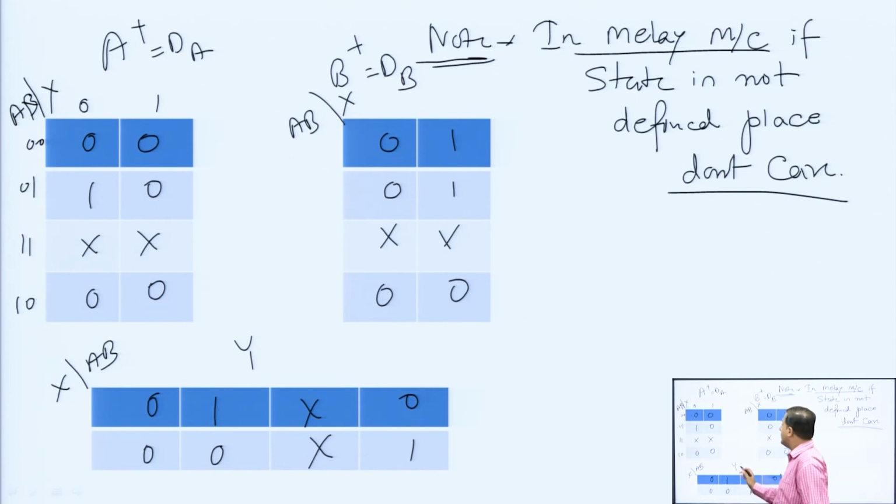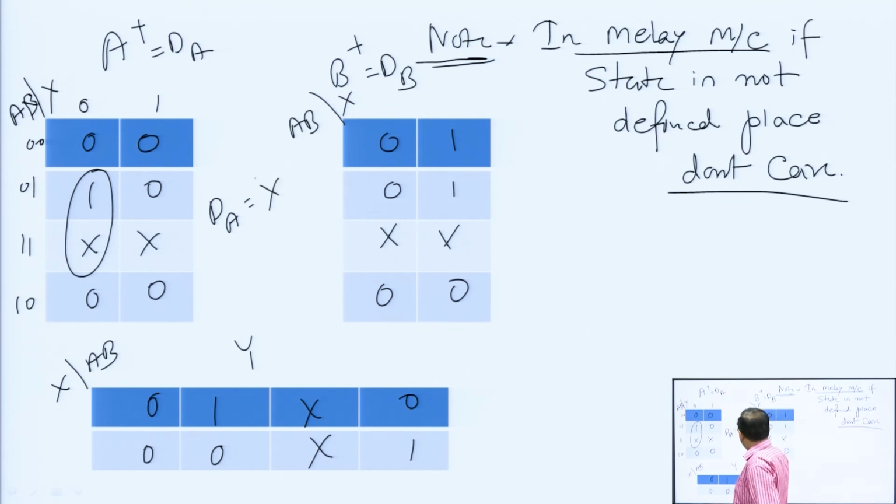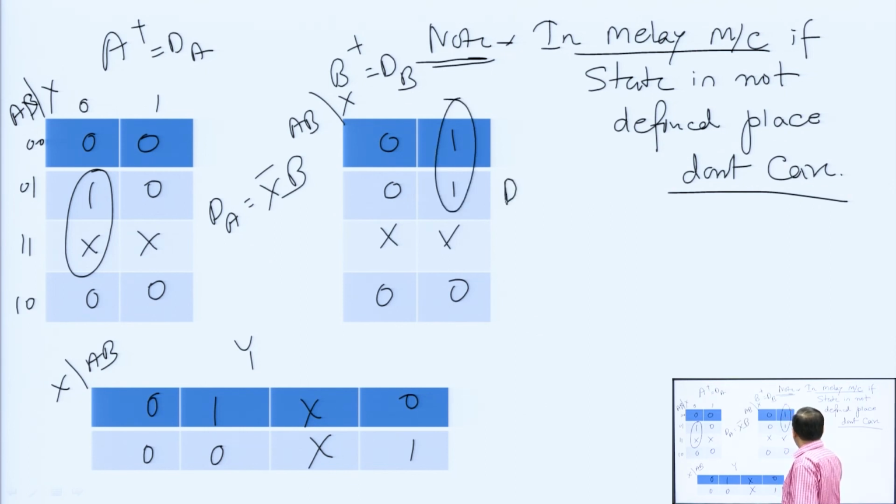Now we will make the grouping of this. One group will be this, so the value of dA will be x bar b. Here we will group like this, only these two groups will be there. So dB value will be x a bar.